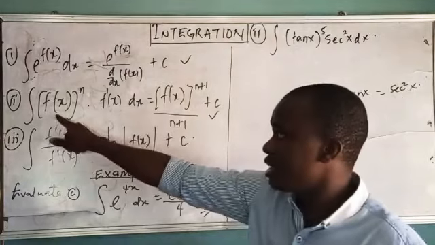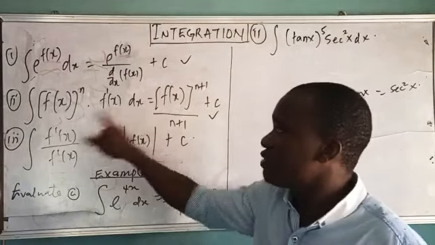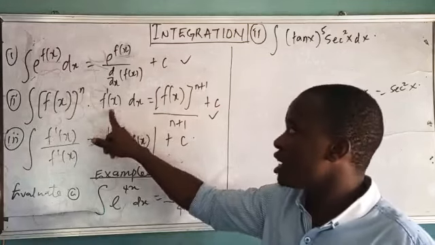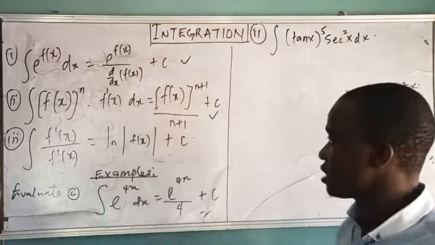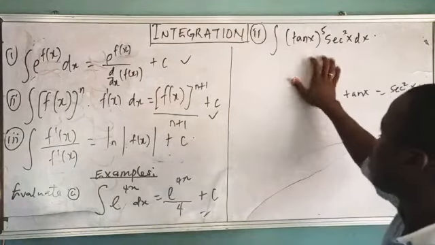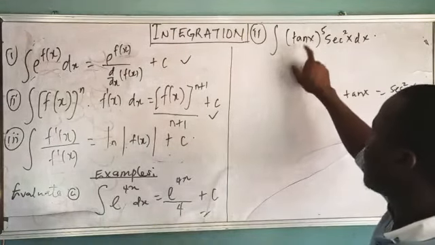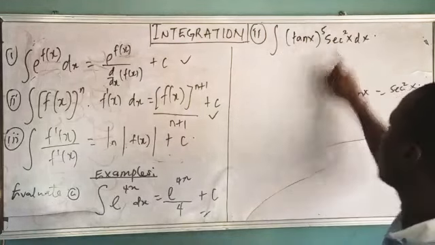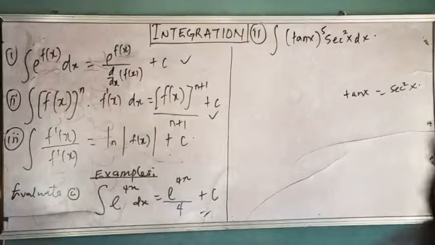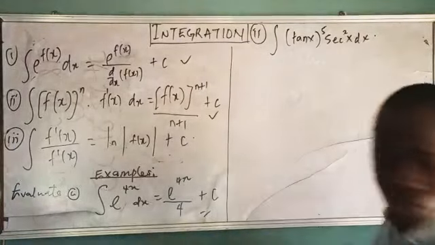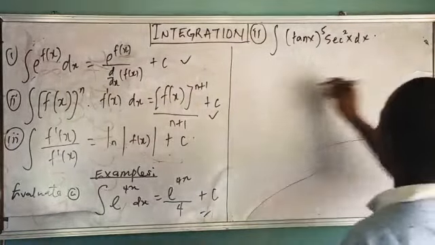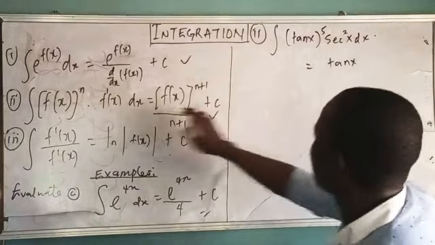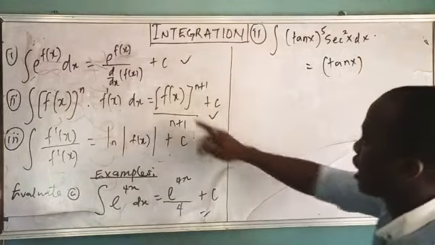As I said, if you have the derivative of what we have under this, then we have what we have on the right hand side here. So the derivative of tan x is the same thing as sec squared x, and that is what we have here automatically. Going with this second fact, we have tan x, that is f of x, to the power n plus 1.